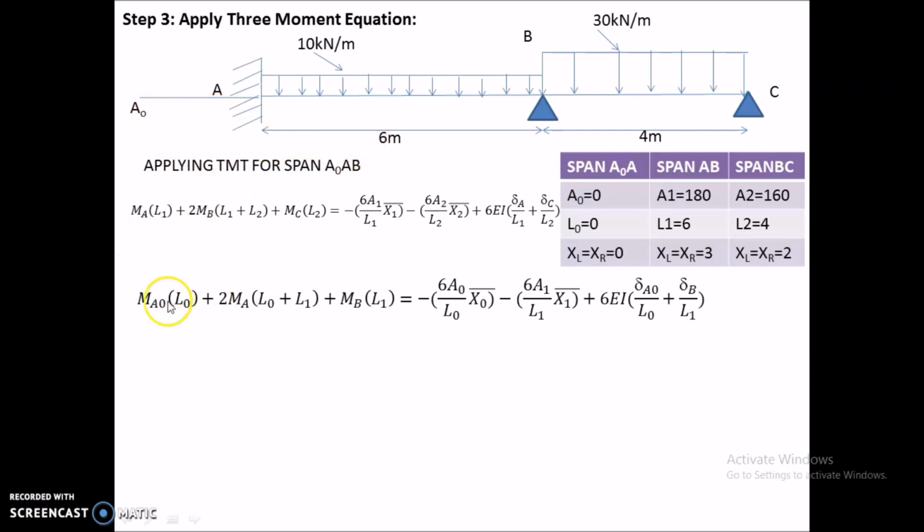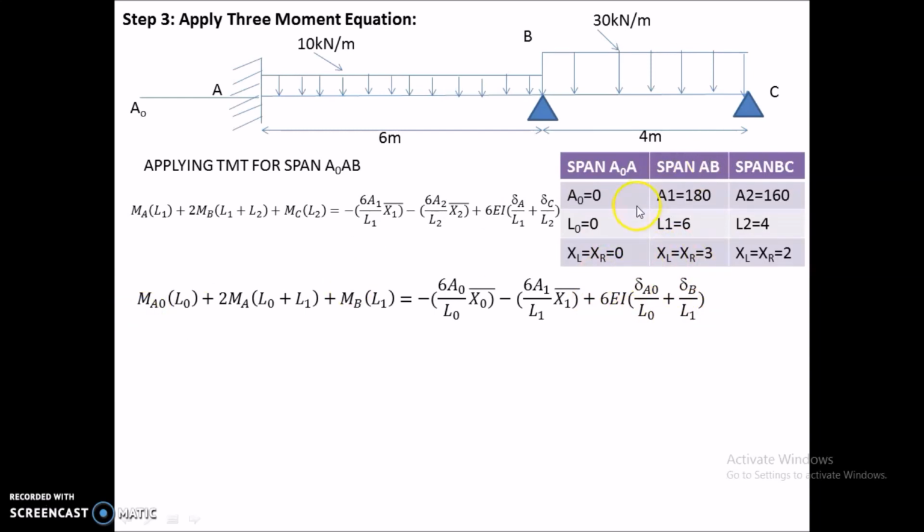So by substituting these values here, our three moment equation for span A0AB will be MA0 L0 plus 2 MA L0 plus L1 plus MB L1 is equal to minus 6 A0 by L0 into X0 bar minus 6 A1 X1 bar by L1 plus 6 EI delta A0 by L0 plus delta B by L1. And these values are 0.